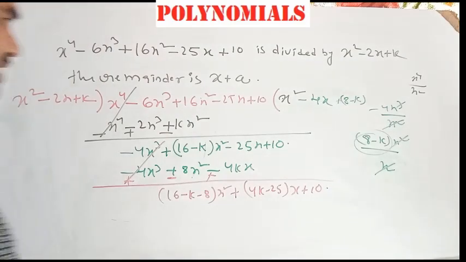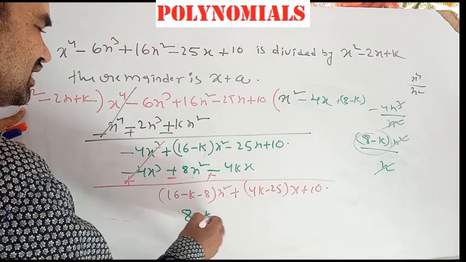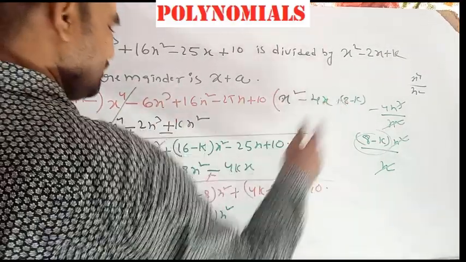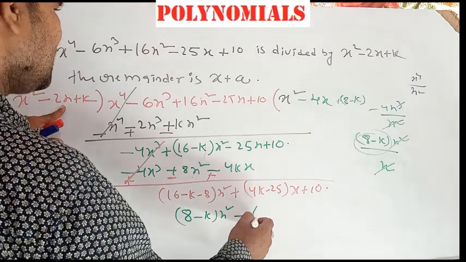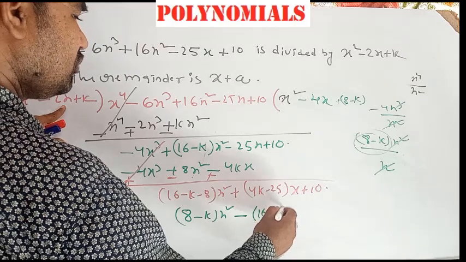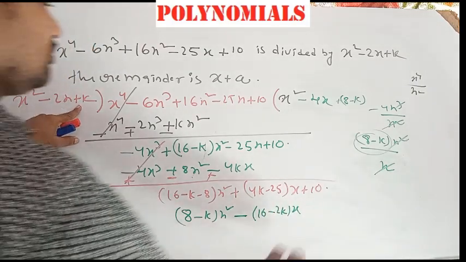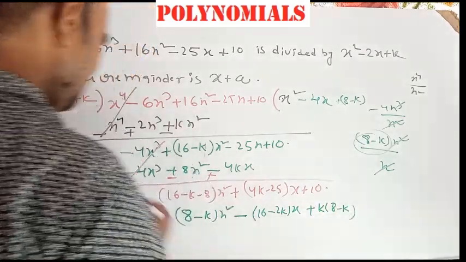Now you need to multiply. (8 - k) into x^2, and (8 - k) into -2x, which directly gives -(16 - 2k)x, and then plus k times (8 - k).